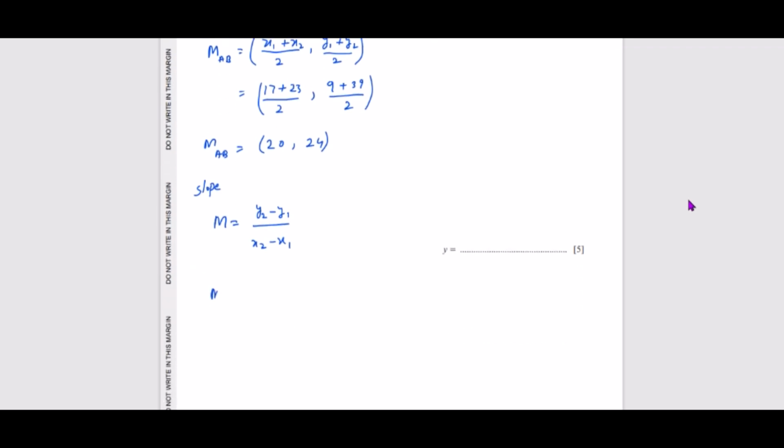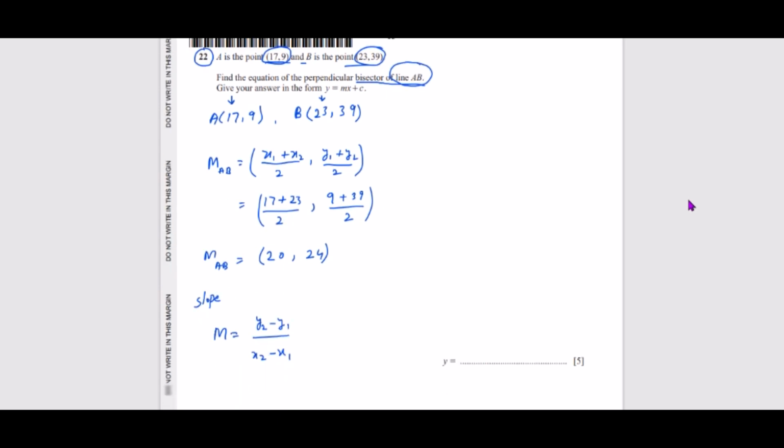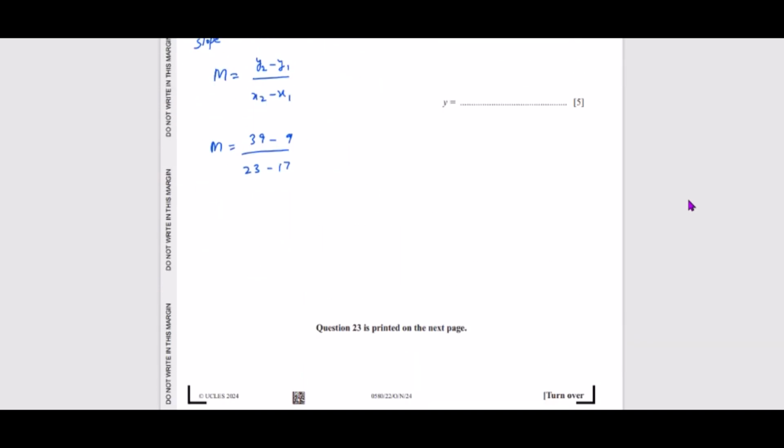So m is equal to y2, 39, minus y1, 9, over x2, 23, minus x1, 17. So m is equal to 30 over 6. So m is equal to 5.